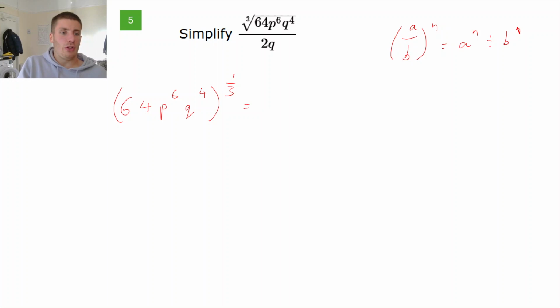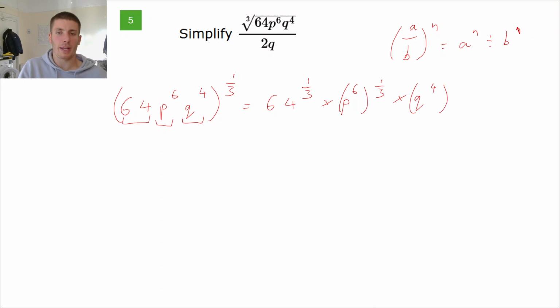Let's do that. First of all, apply that power of a third to 64, so 64 to the third, and then timesing it by p to the 6 to the power of a third, and then times it by your next term, which is q to the 4, and your power is 1 over 3.